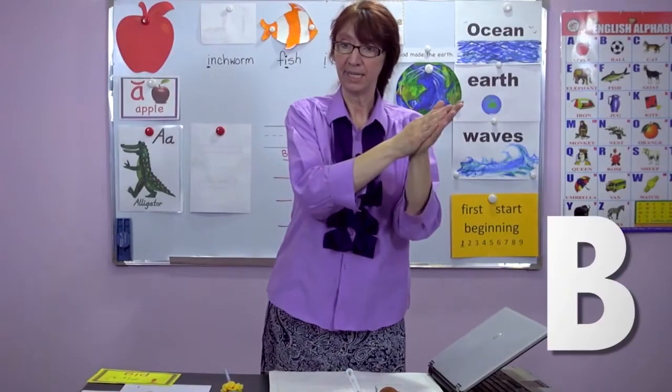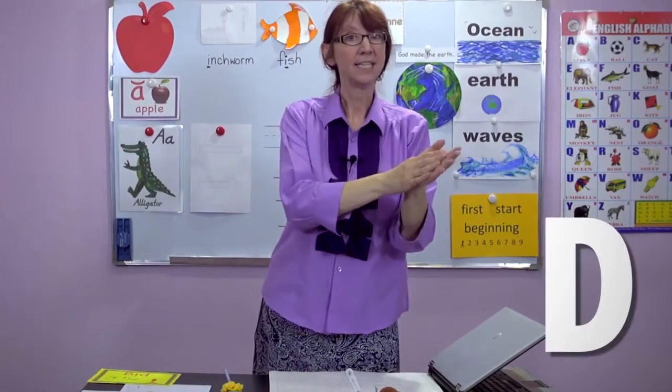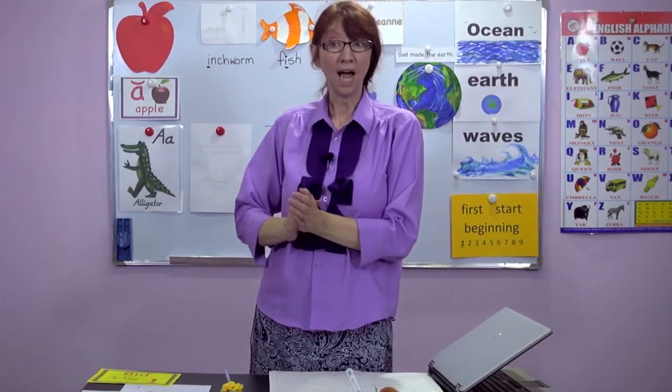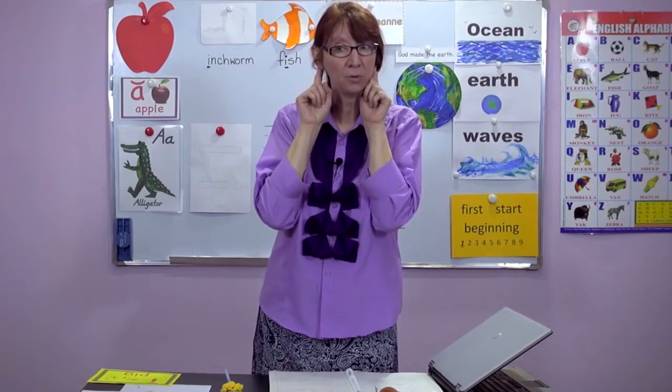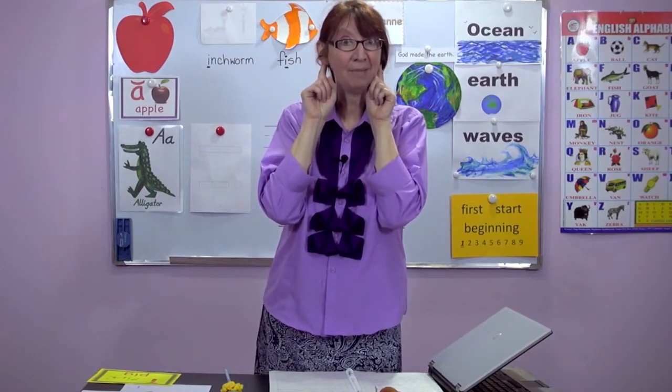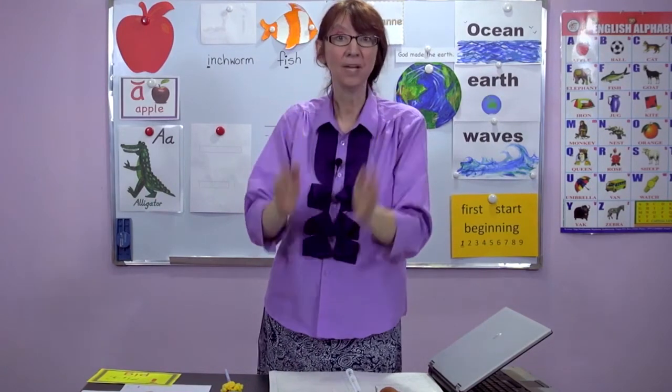So we're going to go like this. A, B, C, D. Okay, let's try it again. I will clap quietly, but you can clap, but I want to hear you say it. Say the A, B, C. Are you ready? Here we go.